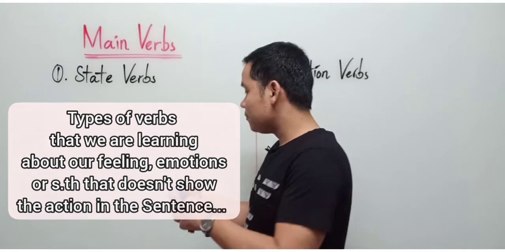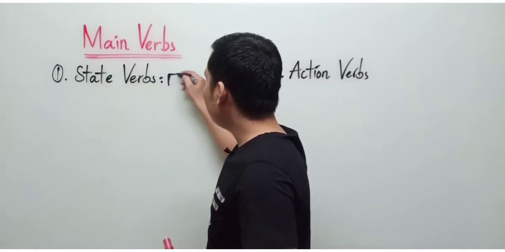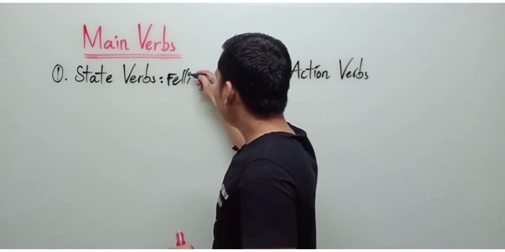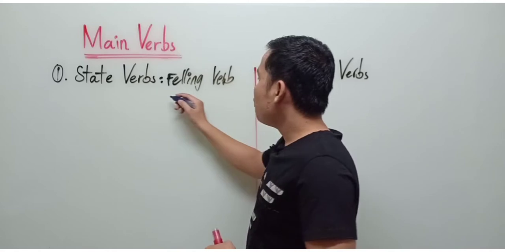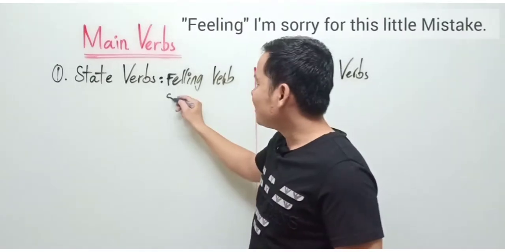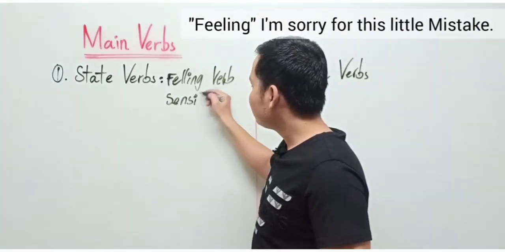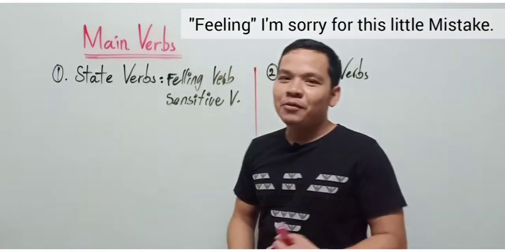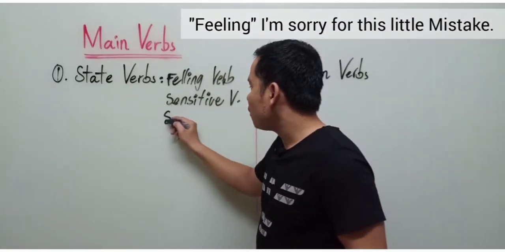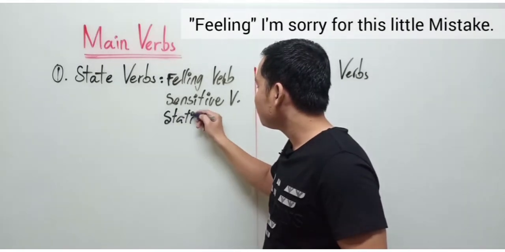So state verb we can call feeling verb, we can call sensitive verb, and we also call it stative verb.